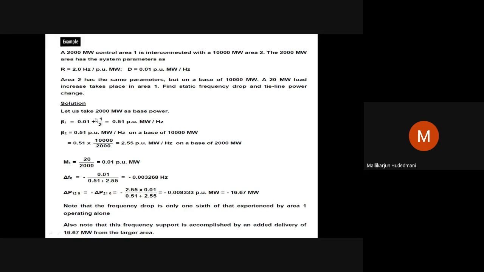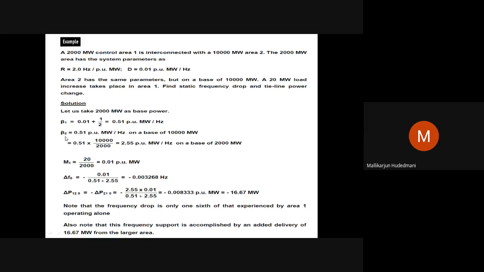Beta 1 is 1 by R1 plus D, which is 1 by 2 plus 0.01, which works out as 0.51 pu megawatt per hertz. This is the composite frequency response of area 1, nothing but 1 by R1 plus D1. So these were referred to the base of 2000, hence they were copied directly as R1, D1, and beta 1 remained 1 by R1 plus D1.